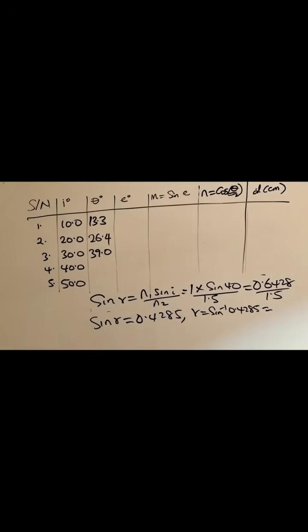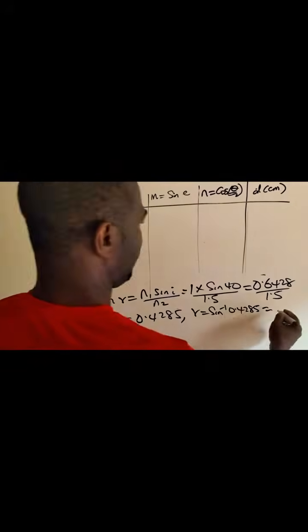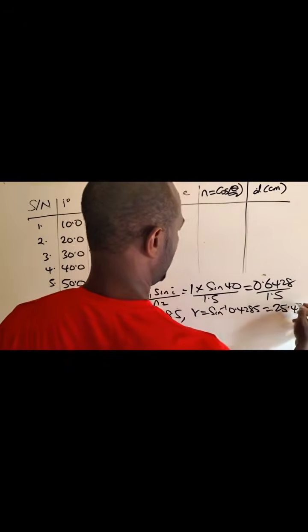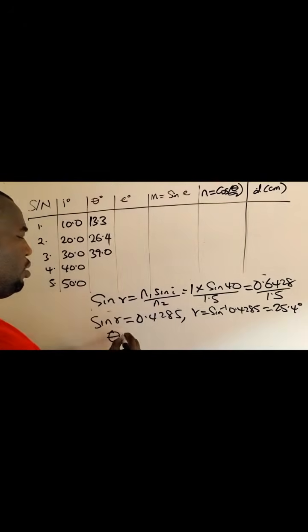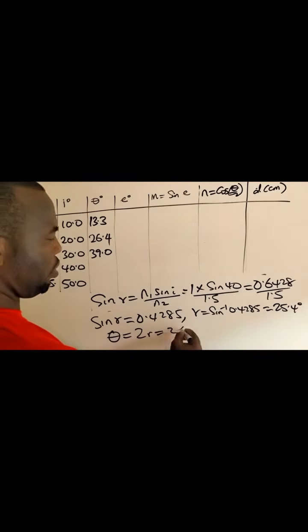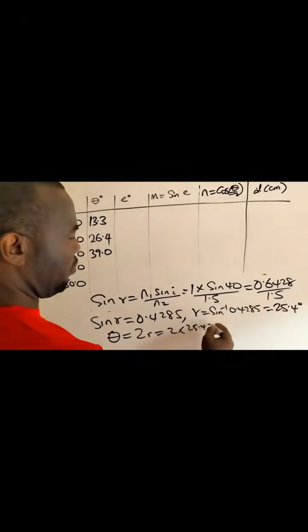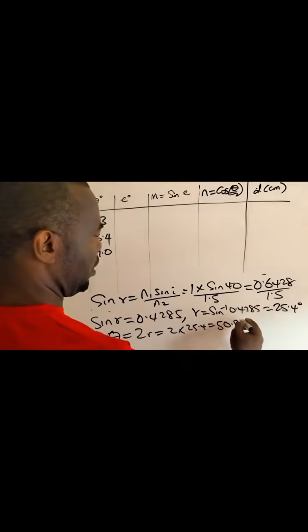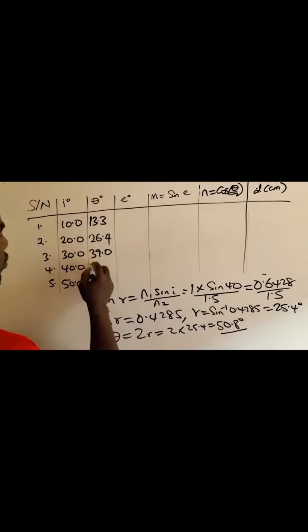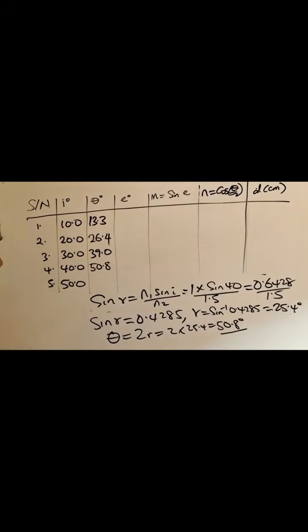Use your calculator and evaluate that, and that gives us 25.4 degrees. Theta is 2R, which is 2 times 25.4 degrees. That gives us 50.8 degrees.